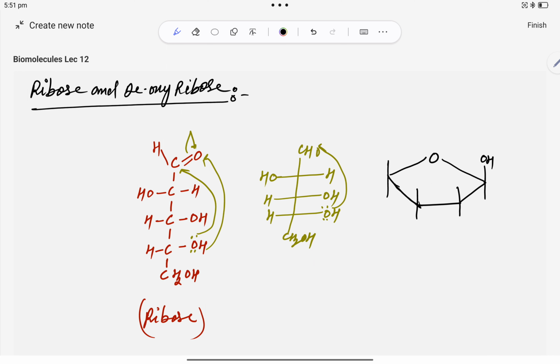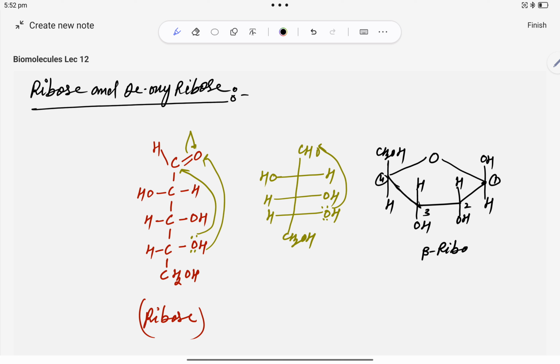Carbon number 1, H, OH, then OH, H, here also OH, H, and here CH2OH, and here H. This is carbon number 1, carbon number 2, 3, and this is carbon number 4. So it's your beta ribose.